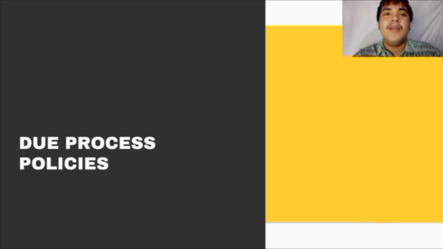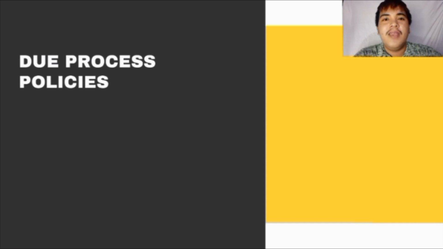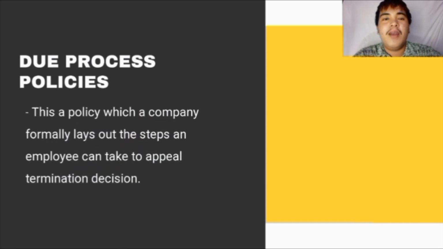While the due process policy is the opposite of the employment at will policy, because this policy will go through a legal process in which the state must respect all legal rights owed to a person.